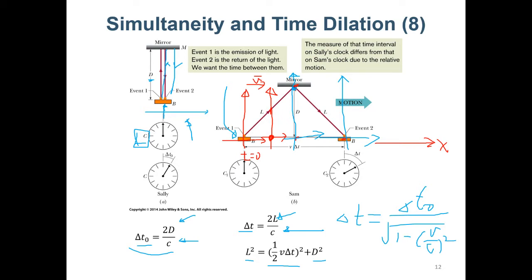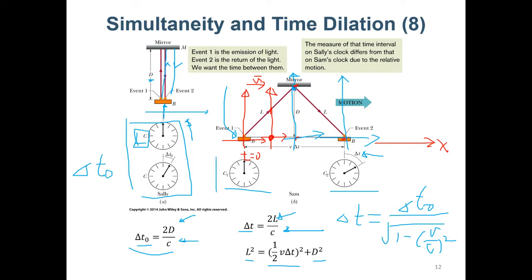A simple rule is that if you need two clocks to really measure the time, it would be the delta t. For this one, they don't have relative motion, so you can use only one synchronized clock to measure the start time and stop time. So this one uses the proper time, delta t0.